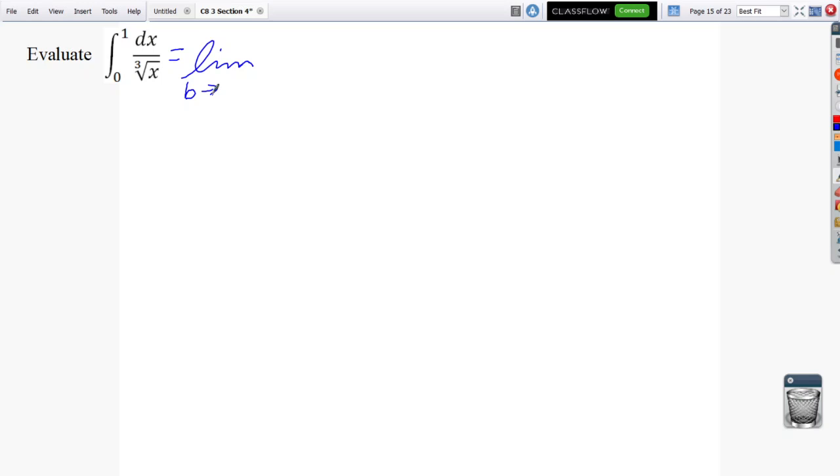I want the limit as b approaches 0, and to determine whether I'm coming from the left or the right, I put a number line in my head. I know I'm talking about the interval from 0 to 1. I'm somewhere in here, and I want to approach 0 from somewhere in here, which means I need to come in from the right.